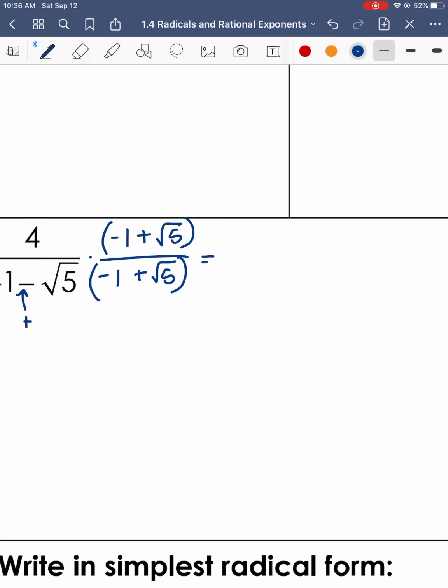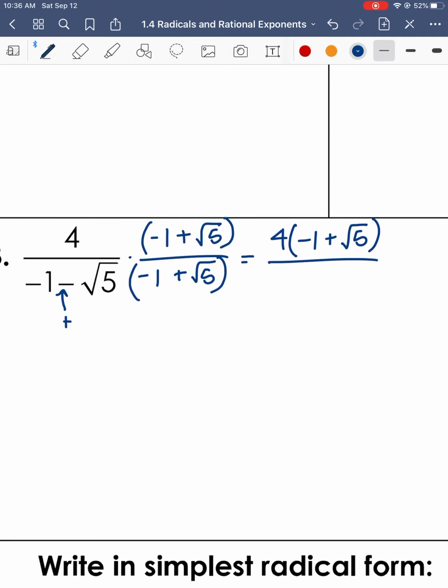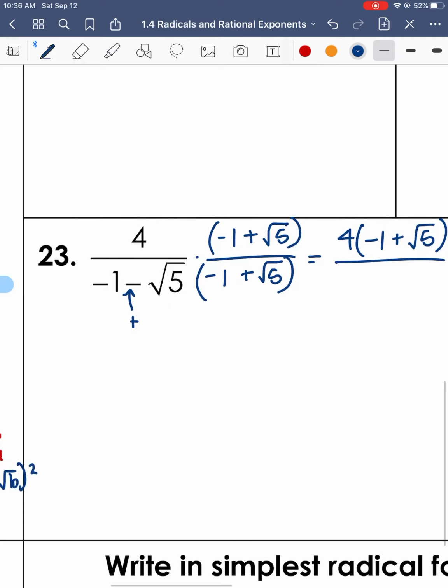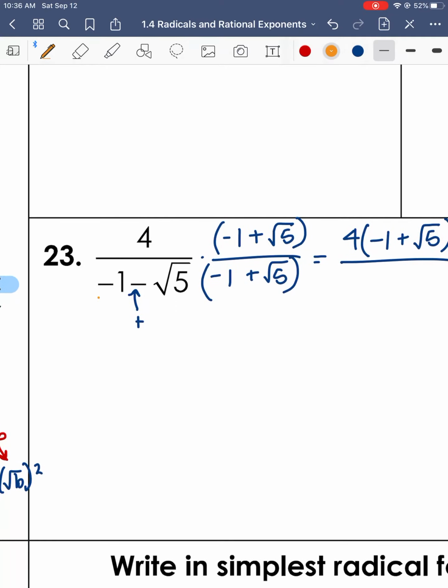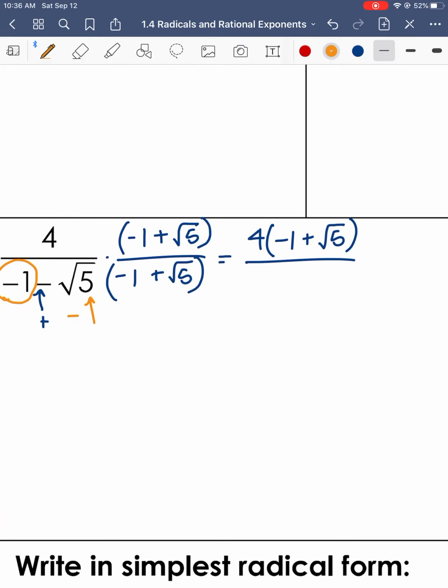Okay, and in the numerator, we're just going to put 4 outside the parentheses right now, so it's easy to see how this is going to go. And in the bottom, when we multiply these, your first number here will be squared, and then it's going to be a negative of whatever the radicand is, okay?